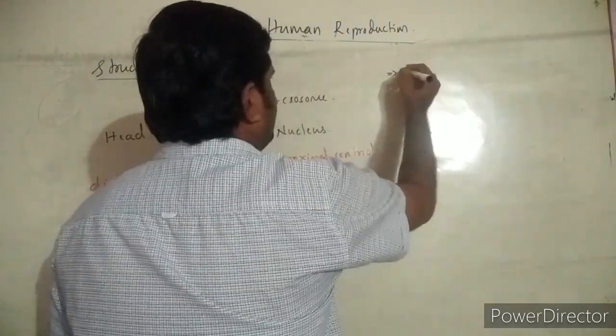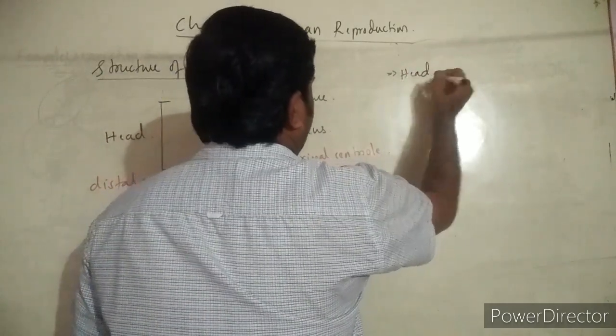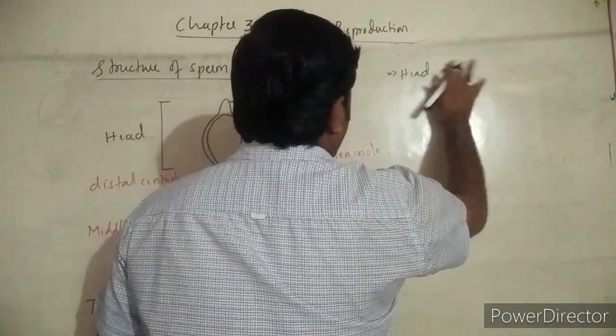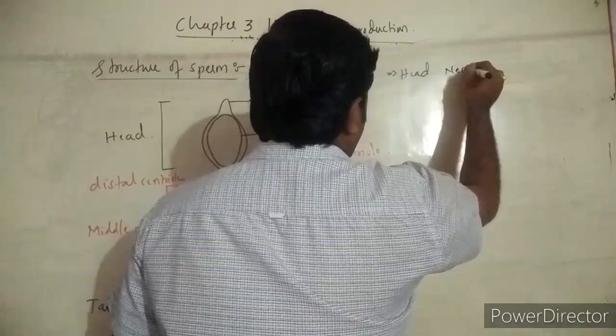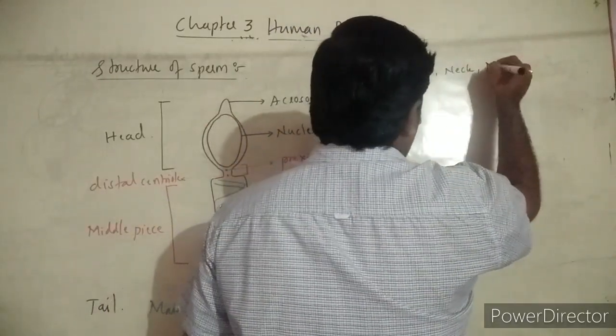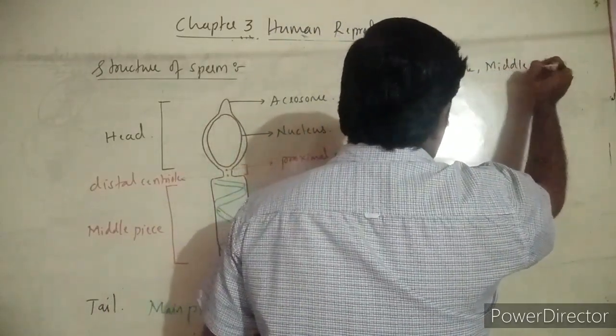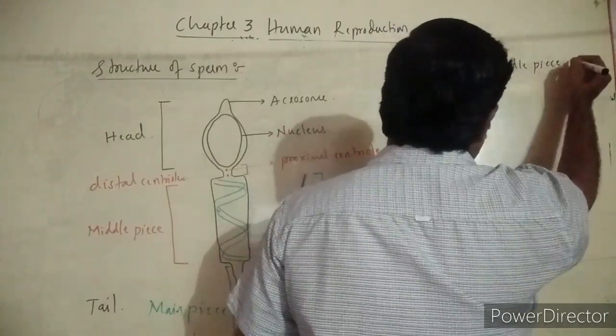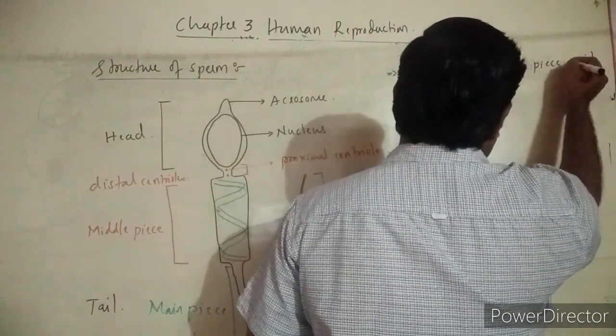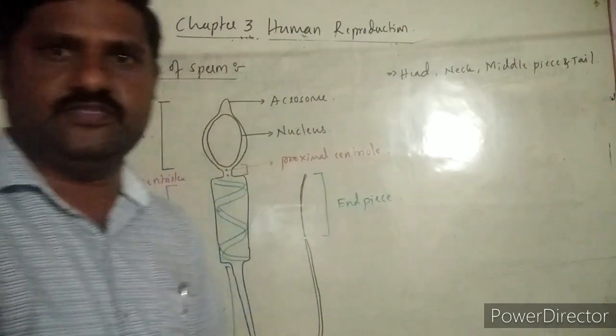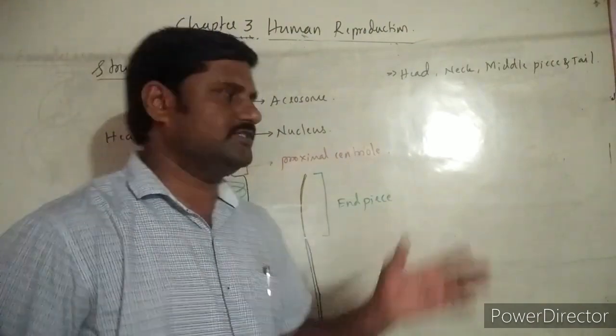The first point: it is divided into head, neck, middle piece, and tail. These are the major portions of this sperm.